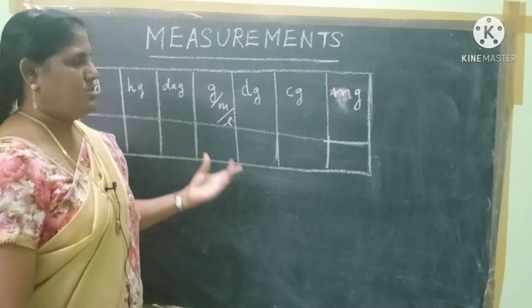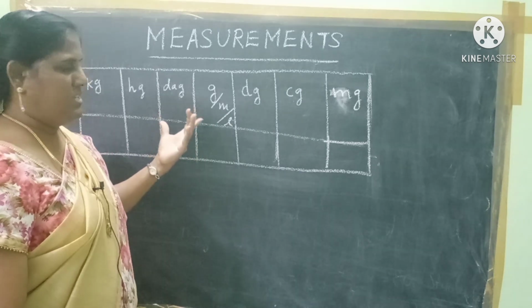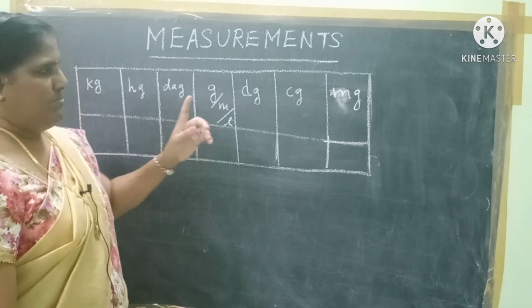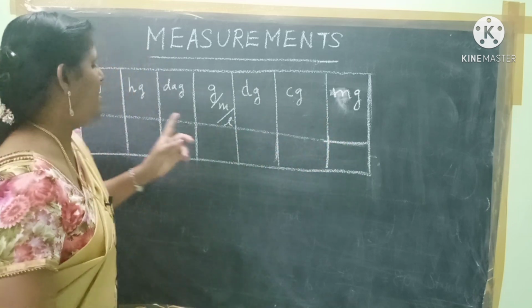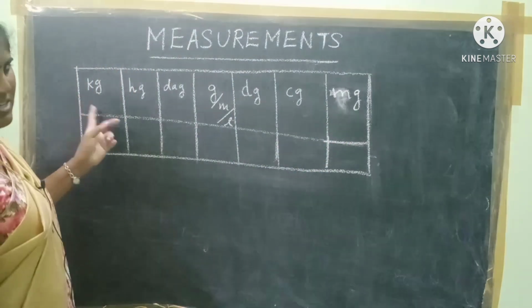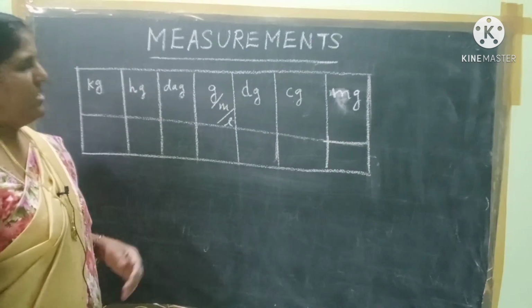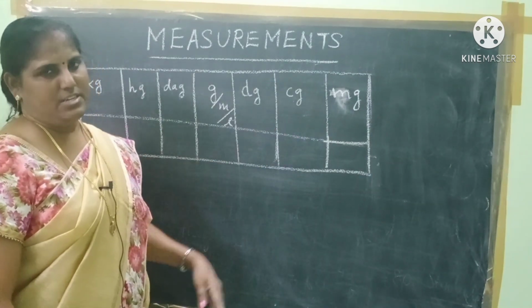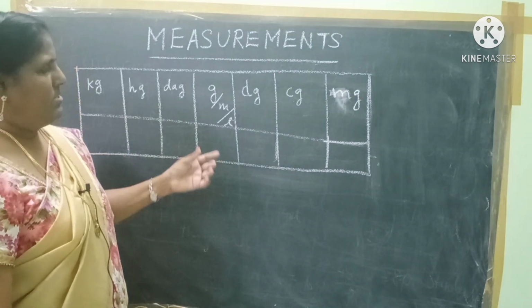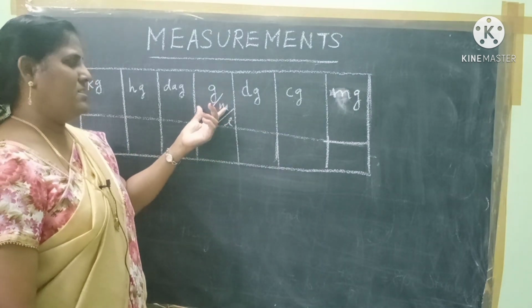So the smallest size is milligram, the largest size is kilogram. Milli and kilo. And the small size one is what? Centigram. So medium size means gram.